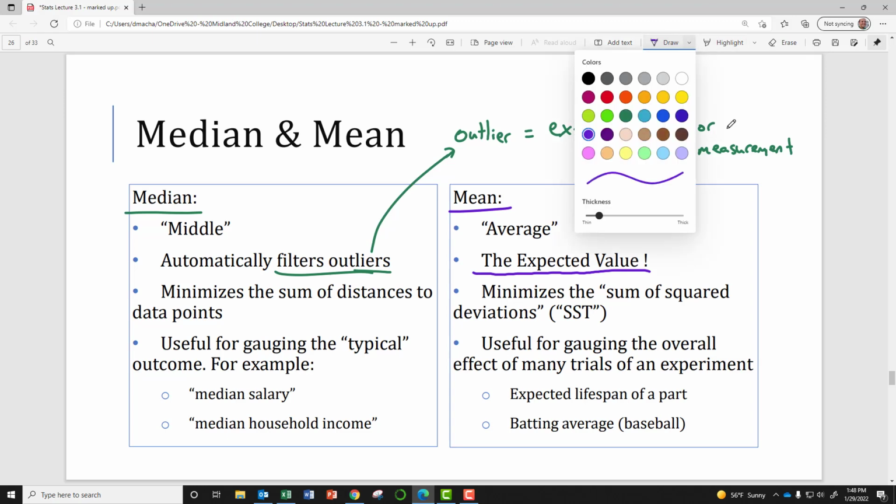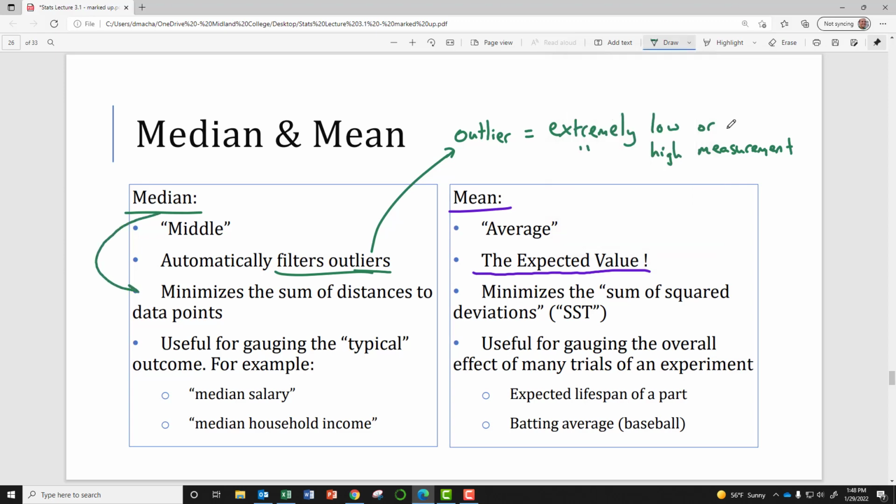The median is a useful measure of central tendency because the median solves an optimization problem. It minimizes the sum of the absolute values of the distances to data points. A median is also useful for gauging the typical outcome. We use the median for examples like asking what's the median salary of dentists. If you're considering becoming a dentist, chances are that at some point in your career you'll be about the median dentist in terms of salary.